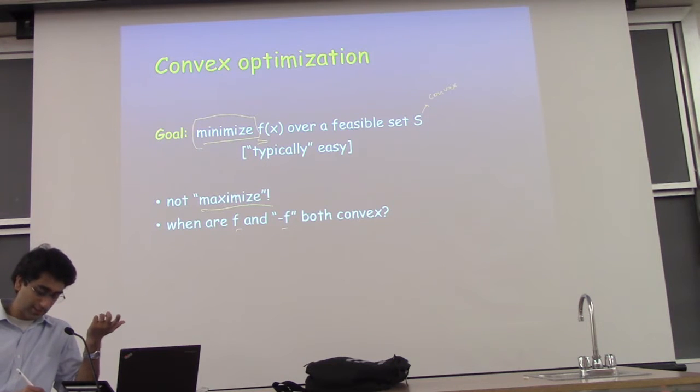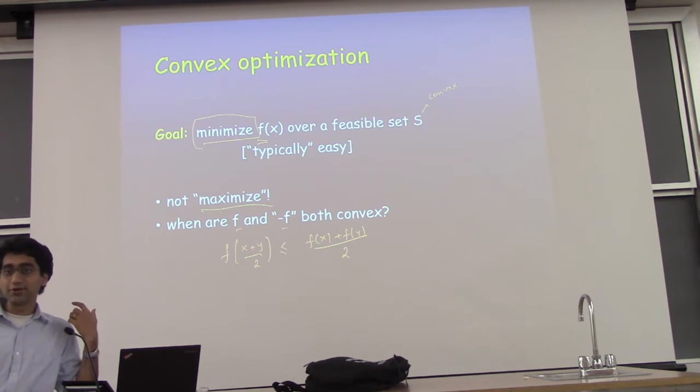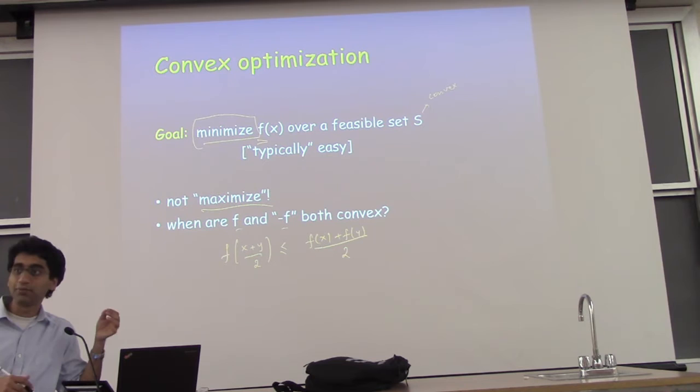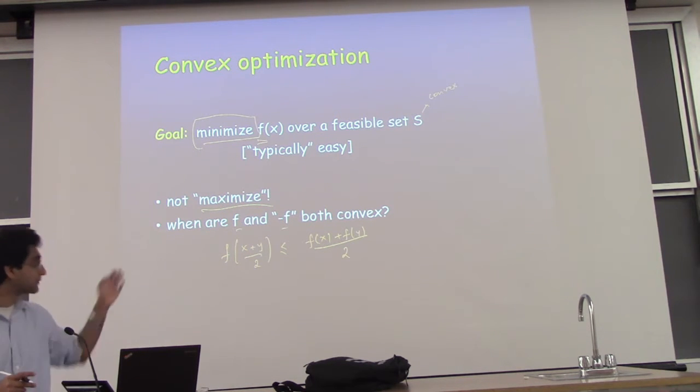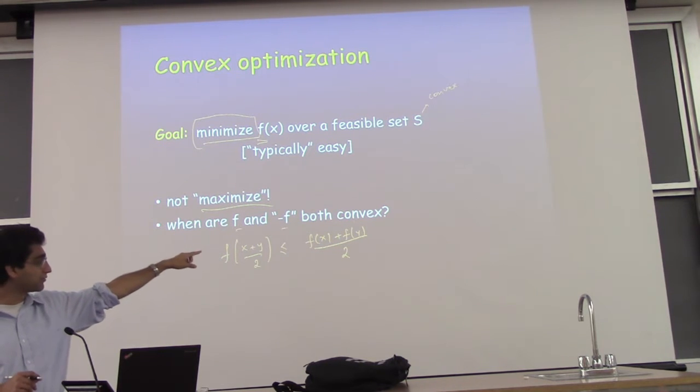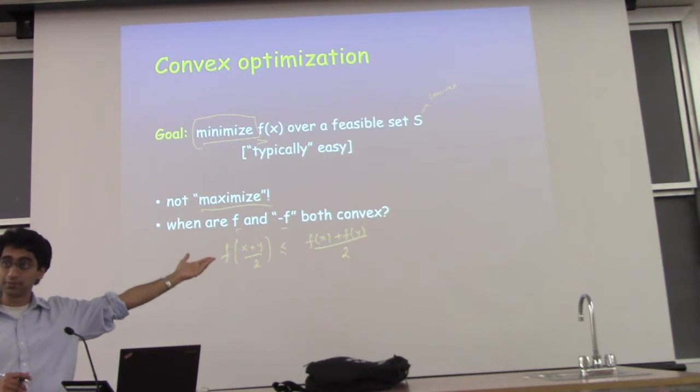In this case you will get that f of x plus y by 2 is smaller than or equal to f of x plus f of y by 2. And now if minus f is convex, you can use the same inequality for minus f. So you get minus f of x plus y by 2 is less than or equal to minus f of x plus minus f of y by 2.